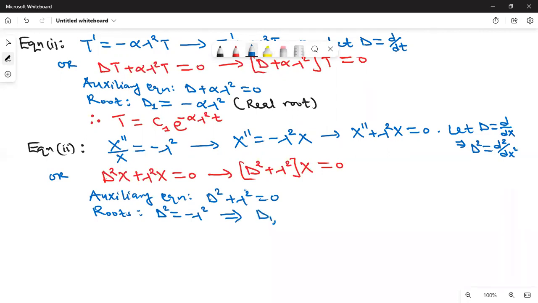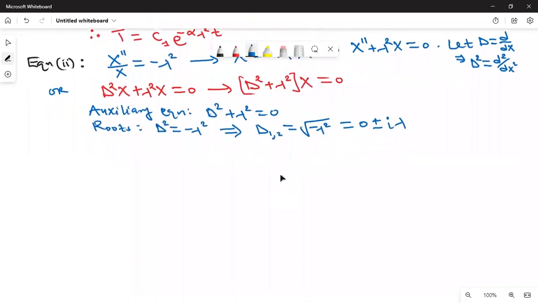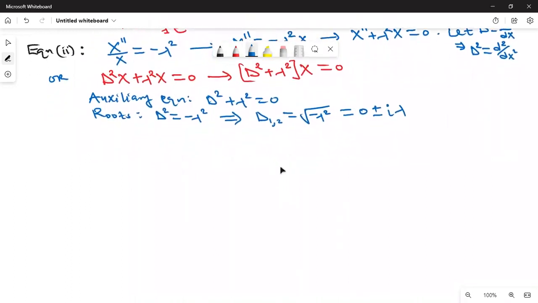Because there are two roots, d1 and d2 will be the square root of negative lambda squared, which is the same as 0 plus or minus iota times lambda. Iota is the square root of negative 1. So these are complex conjugate roots.